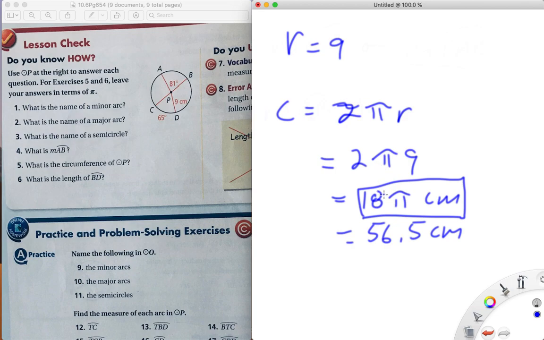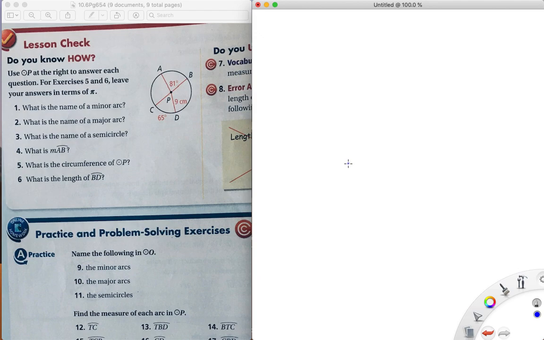They want to know the length, not the arc. They want to know the length of BD. So here's BD. Here's my semicircle. I can subtract 180 minus 65, and that's going to give me the measurement of arc BD, which is 115 degrees.